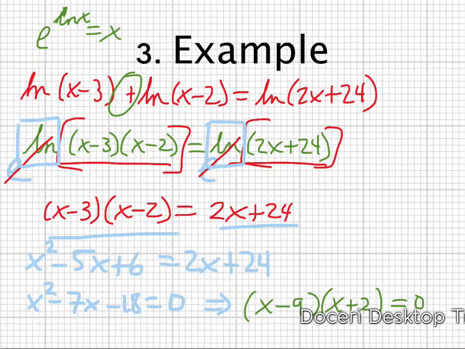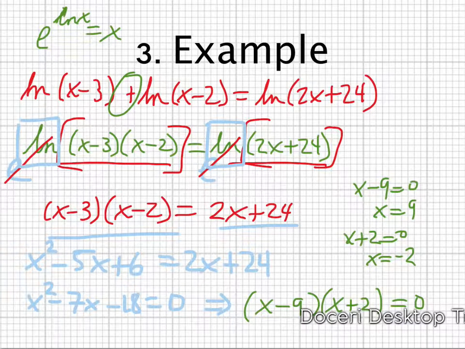So if the product of two factors equals 0, you know at least one of them has to equal 0. That means x minus 9 equals 0, so x equals 9. And if x plus 2 equals 0, then x equals negative 2.